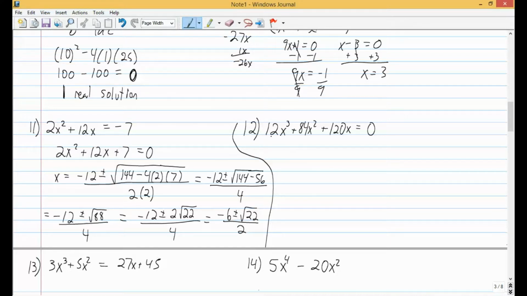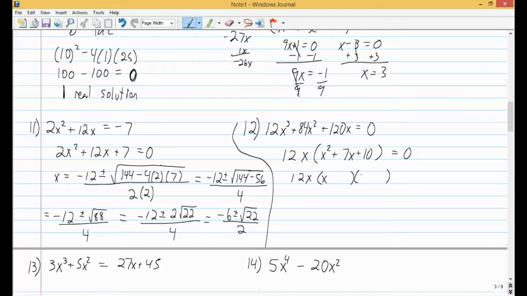Number 12, it looks like you can factor a greatest common factor out of 12x. When you do that, that leaves you with x squared plus 7x plus 10. And so we need to check and see if that quadratic will factor, and it will.